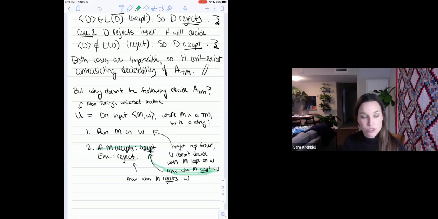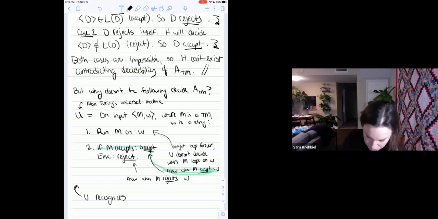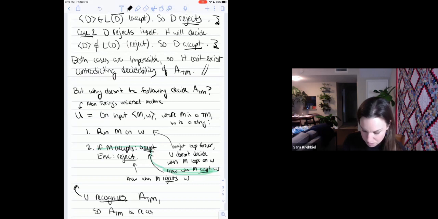And then when we get to step 2, we accept. So what that means is that U is a Turing machine that recognizes ATM. So ATM is recognizable.